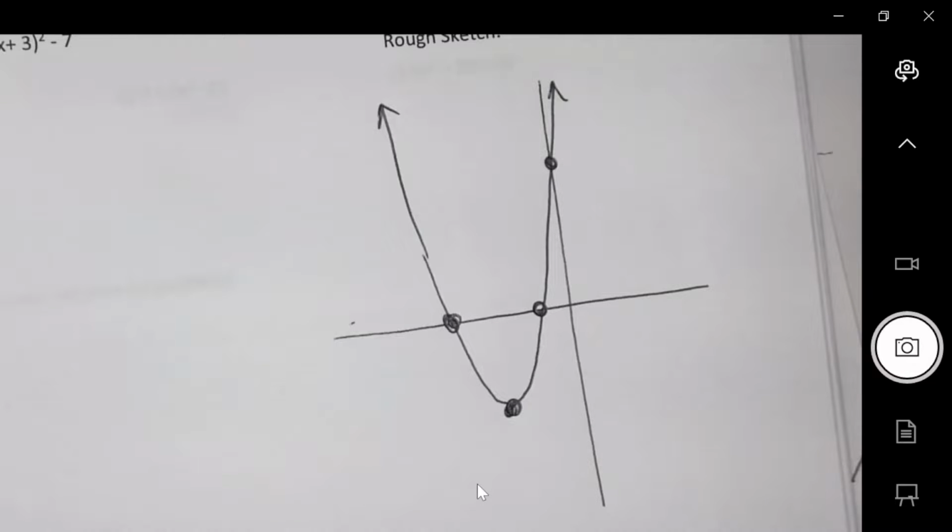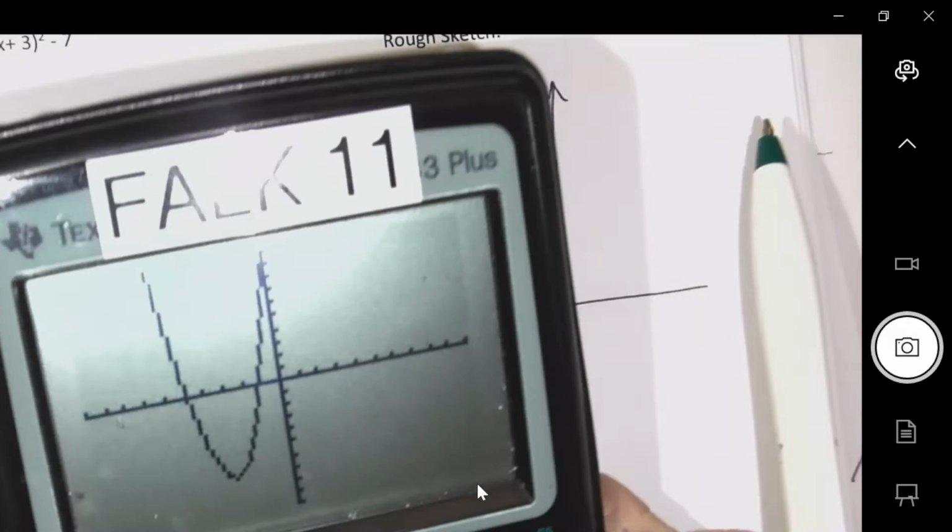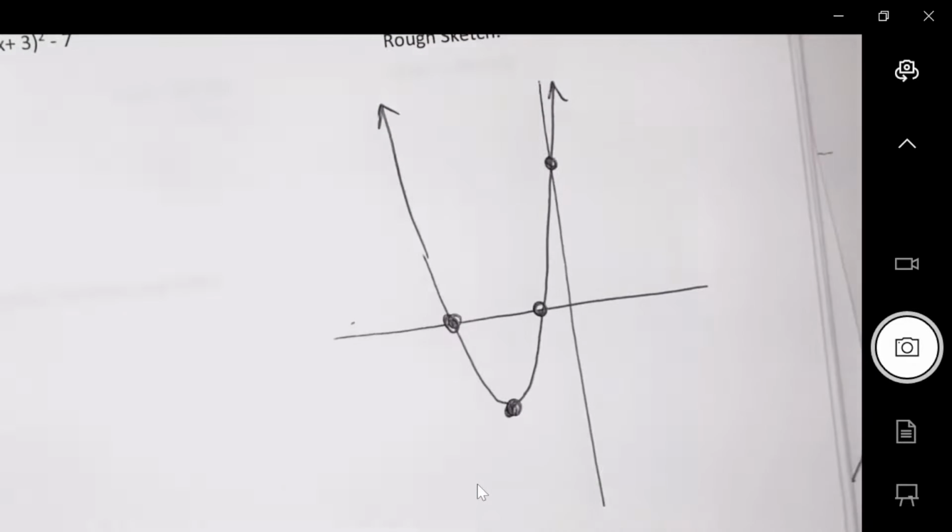So those are some important points to look at. So there's the rough sketch that I see with all those key points on it. Is that what we're looking at when we see it on our calculator? Okay, obviously arrows because your calculator can't show you, but it is going on forever and ever.